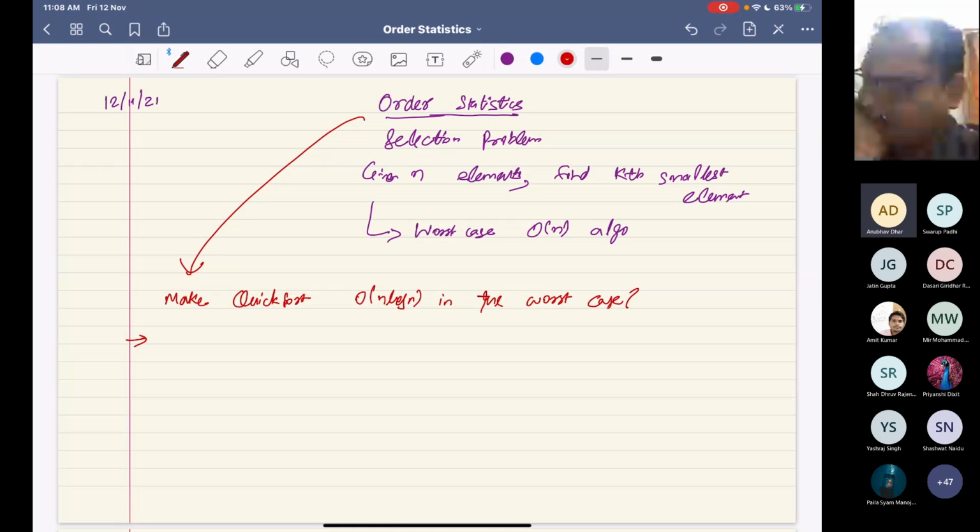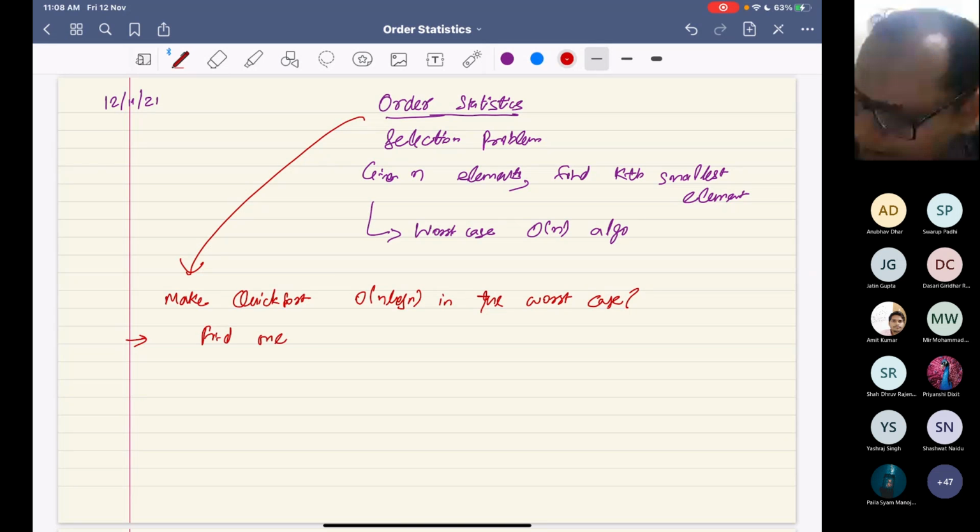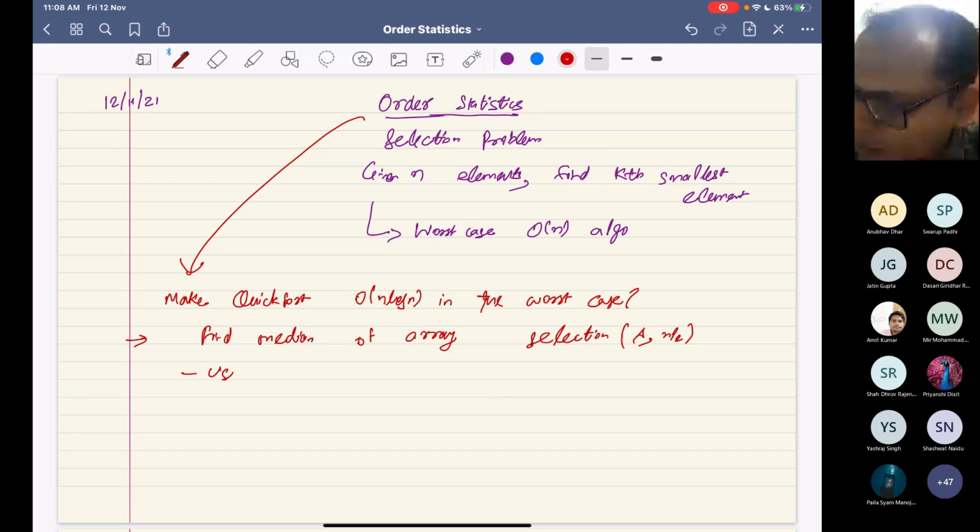We will find the median. We will find the pivot by this method. Oh, just find the median. Yeah, just find the median. So find the median of the array as selection of A and n by 2 and use this as pivot. That's all.